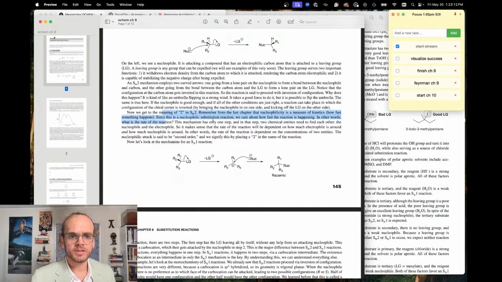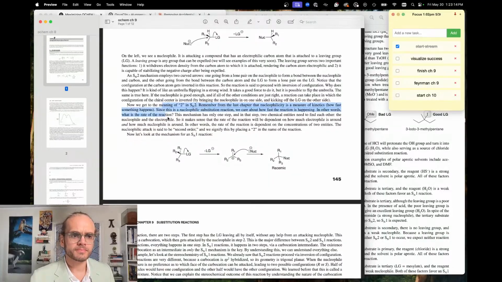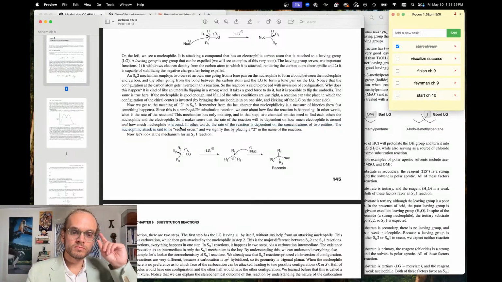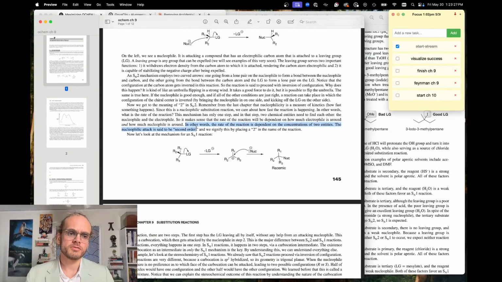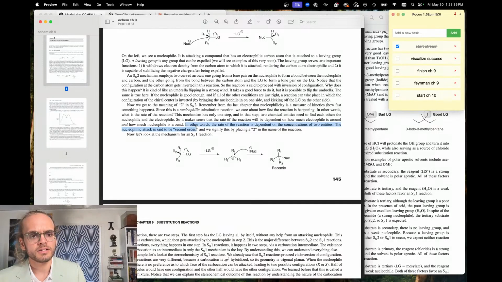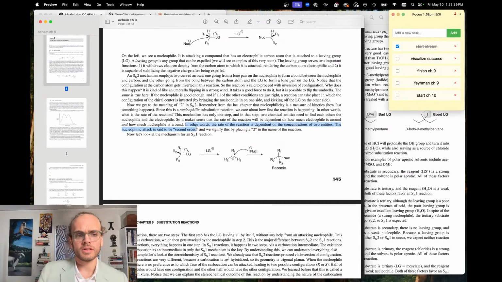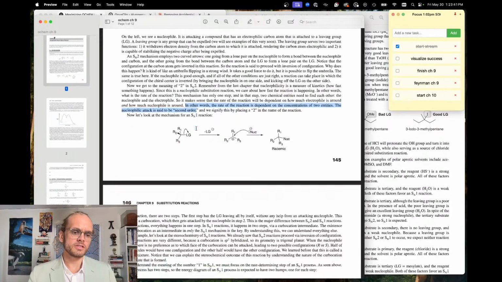Since this is a nucleophilic substitution, the rate of reaction is dependent on the concentration of nucleophile and electrophile. It's second order because it depends on both the nucleophile and the electrophile. This is first order.